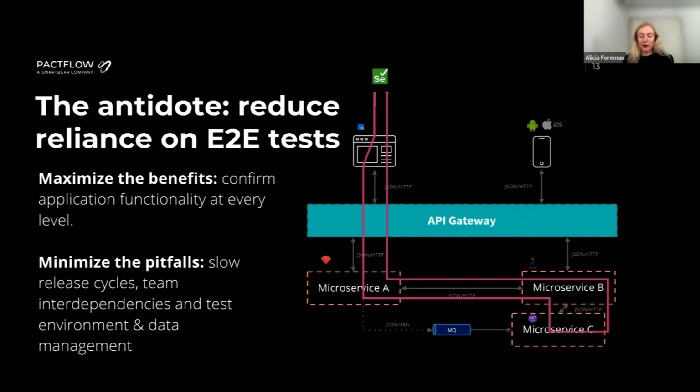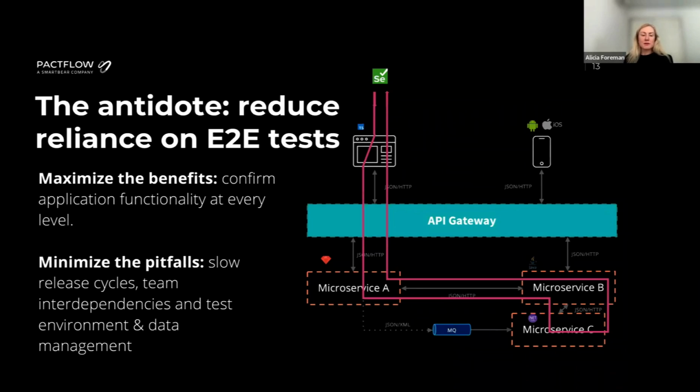Additionally, the flow-on effect is that because we're getting that earlier confidence, we can then reduce the reliance on our end-to-end tests. Of course, end-to-end tests, as I said, really have a place. And if we're reducing our over-reliance on them, we're actually able to maximize the benefits that we get, which is confirming that our application is going to function at every level for that end user.